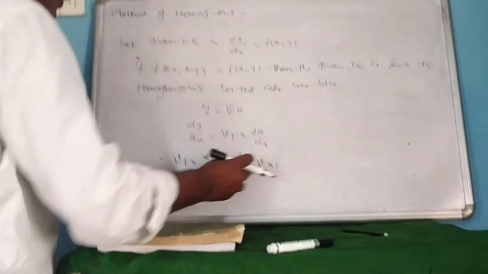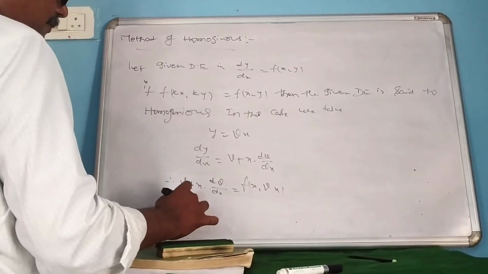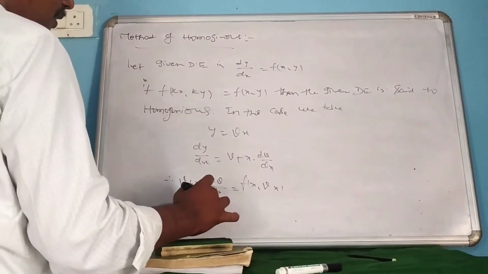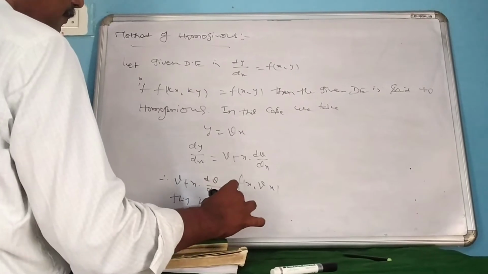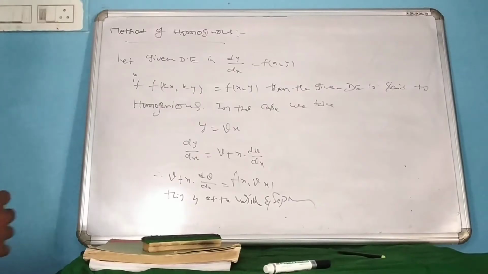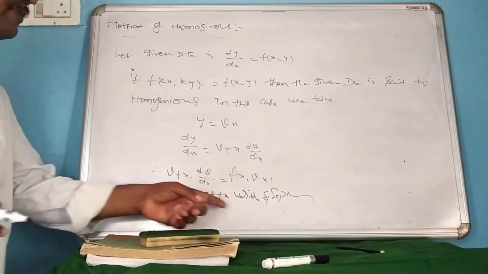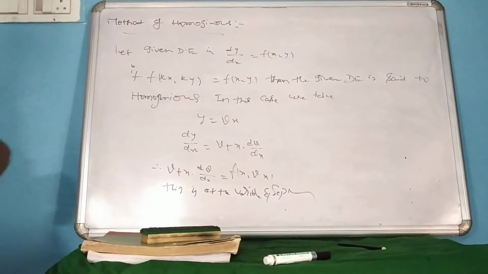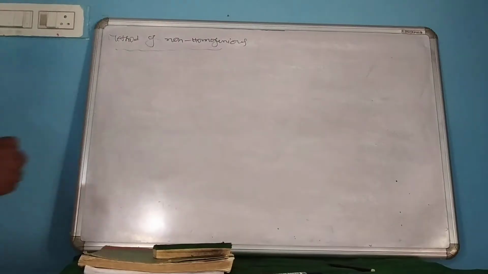This will come into variable and separable. Simplifying this will be of the form variable and separable. Then we know how to solve this equation.